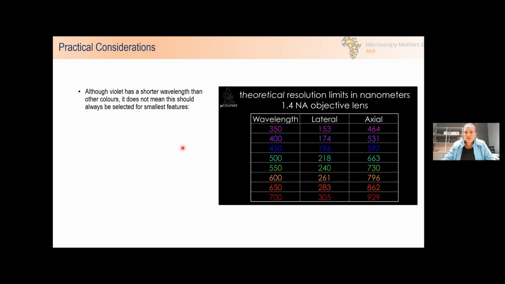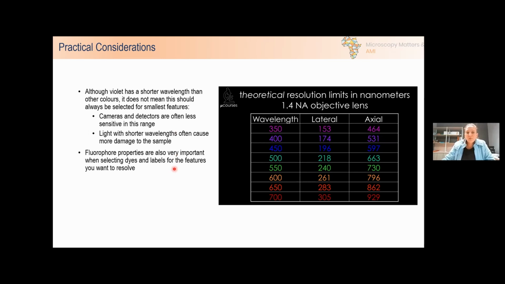Also, violet light, which has a shorter wavelength than other colors, doesn't mean that it's always the best choice, even if you want to achieve high resolution. The cameras and detectors are often less sensitive in the violet range, and light with shorter wavelengths often causes more damage to the sample, so it might not be the best one to choose. Also, fluorophore properties are very important when selecting dyes and labels for the features you want to resolve.